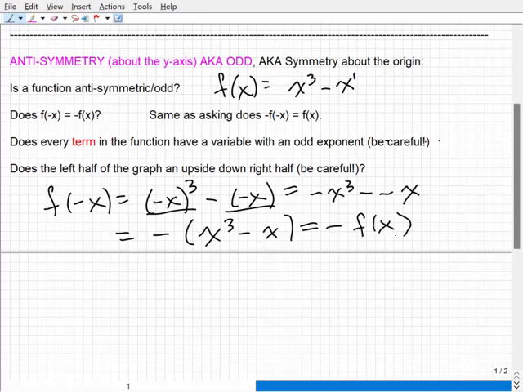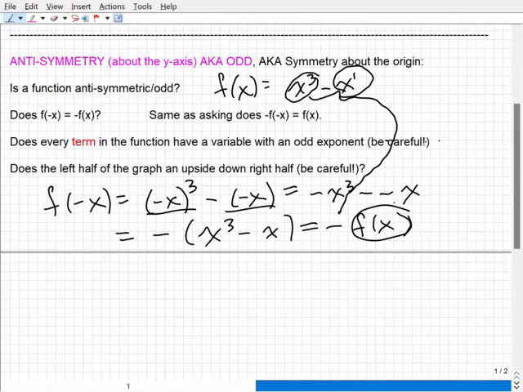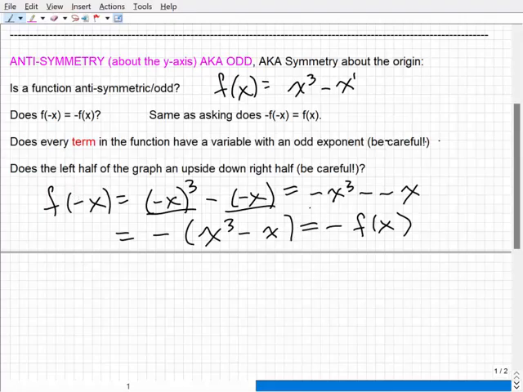Okay, so I like to do it like that because, again, every single term, this term, that term, if I replaced x with a negative x, I get an extra minus here, and that extra minus, I could just pull it out front of the whole function. So we can see that the left side of the function is an upside down right side.